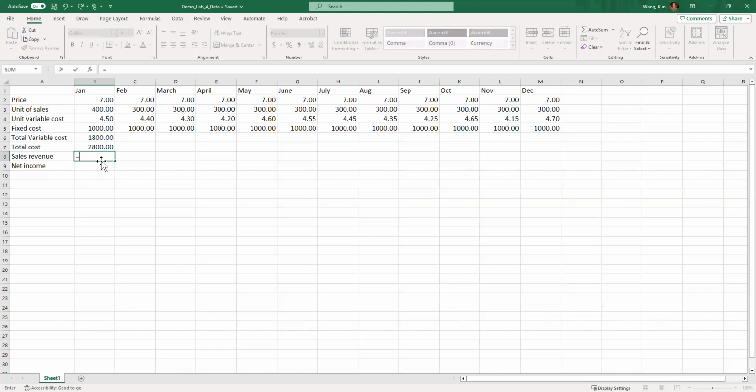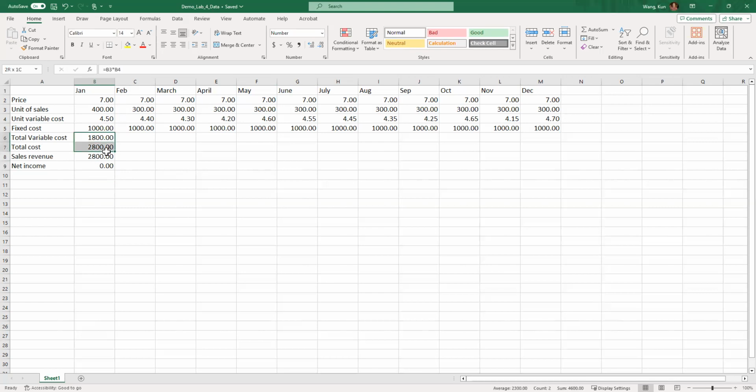Sales revenue equals the price per unit multiplied by the units of sales. Net income equals the sales revenue minus the total cost. In this case, we got 0. Our break-even sales is 400: no profit and no loss, break even.